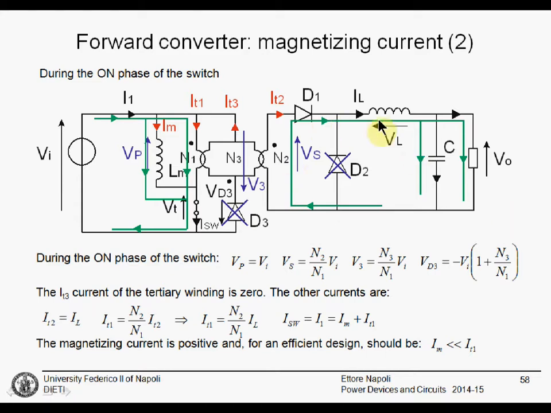In this phase then, the IT2 current is equal to the inductor current. Once we know the IT2 current, we can calculate the IT1 current. That will come out like N2 divided by N1 multiplied by IT2. Hence IT1 is proportional to the inductor current. And the switch current will simply be the sum of Im plus IT1.